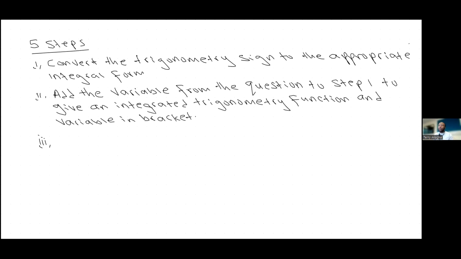So when you're done with this, the next step is to differentiate the variable in the bracket. Then when you're done differentiating the variable in the bracket, you now divide the answer you get from step 2 by that of step 3, okay?